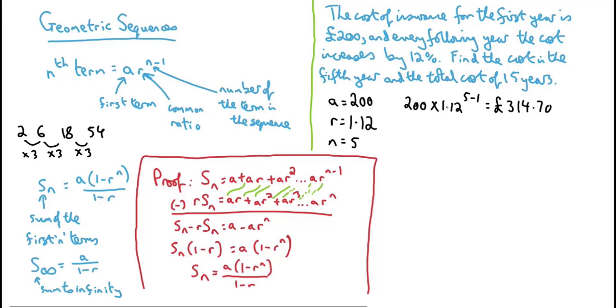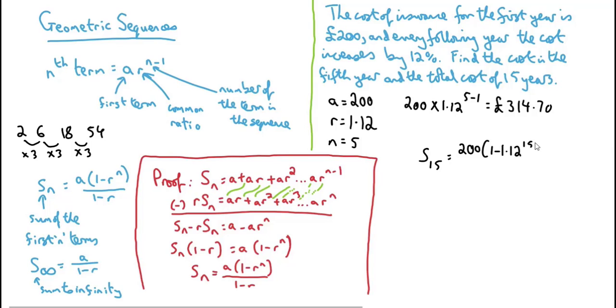As for the second part of the answer, because we're now looking at the total cost, that's going to be the sum over the course of 15 years. So the sum of 15 years is going to be 200 times 1 minus 1.12 to the power of 15, over 1 minus 1.12.